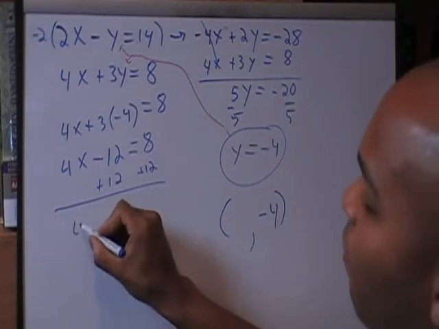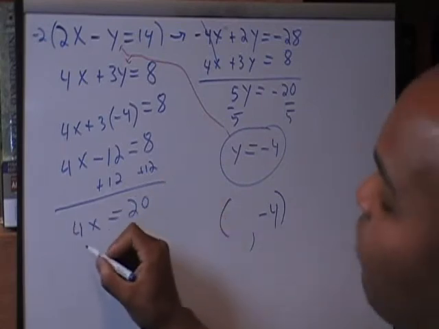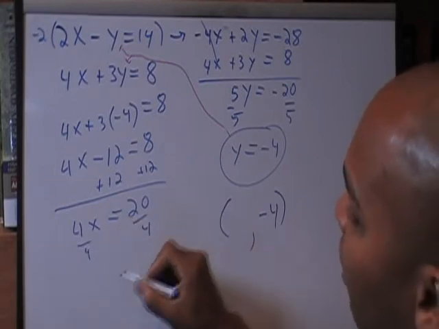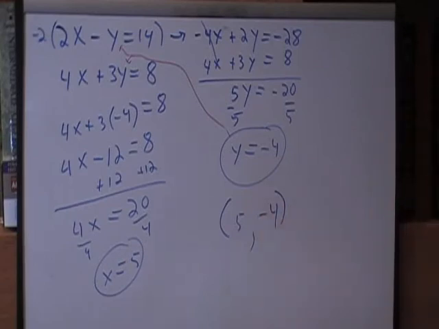And I'm left with 4x equals 20. And you can see x equals 5, right? We divide by 4, divide by 4, x equals 5. So the solution to my system of equations is the ordered pair x equals 5, y equals -4.